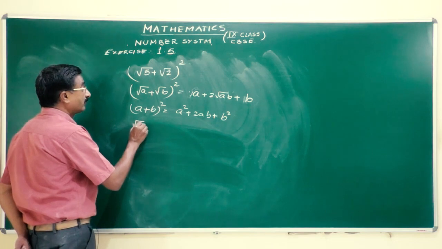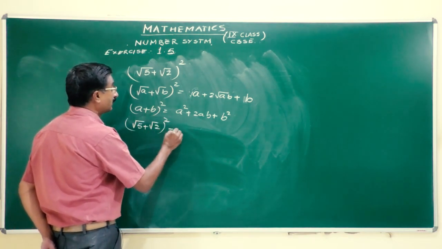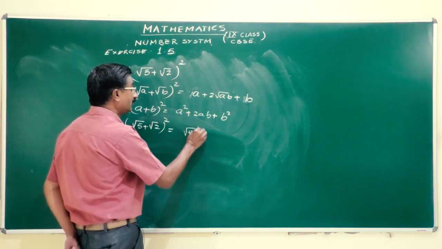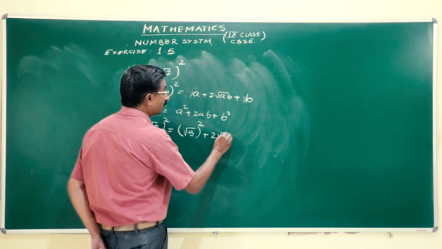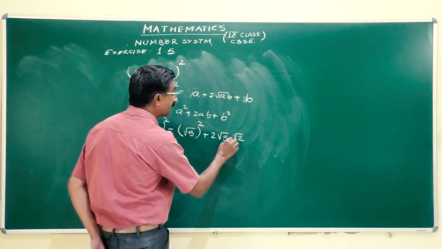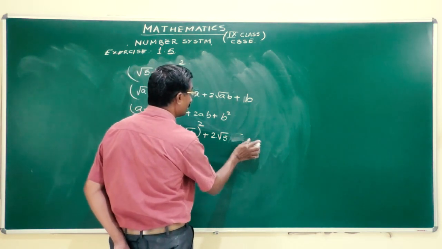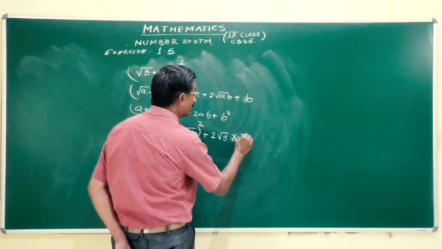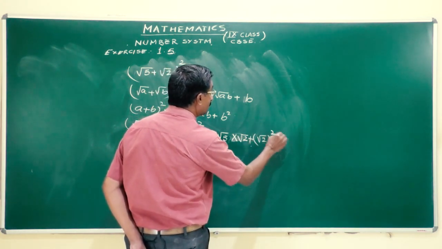So under root 5 plus under root 2 whole square is equal to under root 5 whole square plus 2 times under root 5 into under root 2. It is not a decimal, this is into, or if you like you can write it like a cross, so that you should not get confused, plus under root 2 whole square.